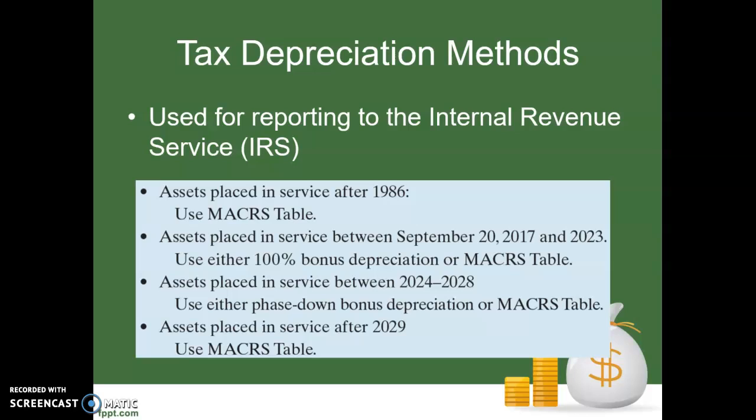So you could depreciate the asset sooner. You could use up to 100% of it. You could depreciate it all at once if you wanted to.